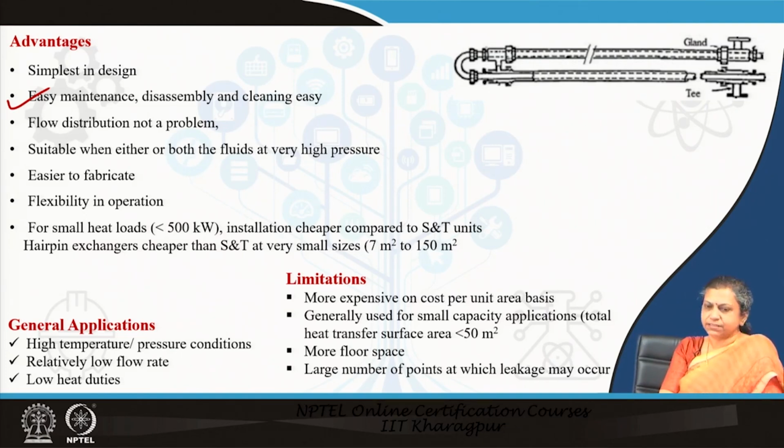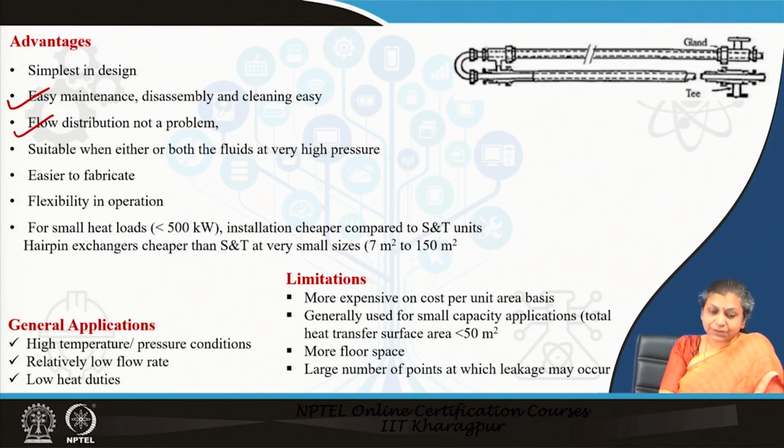So, therefore, cleaning is easy. Flow distribution, definitely you will understand, is not a problem. You will understand it more when we go to shell and tube heat exchangers, where we need some special arrangements to ensure uniform flow. In this case, we do not have to do anything of that sort.